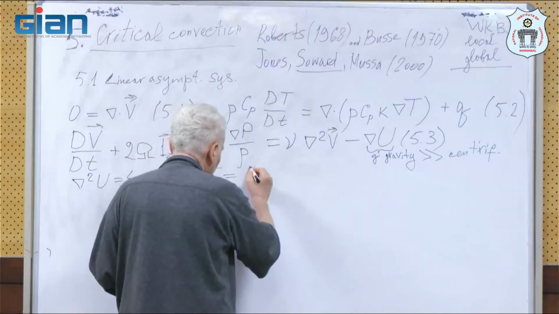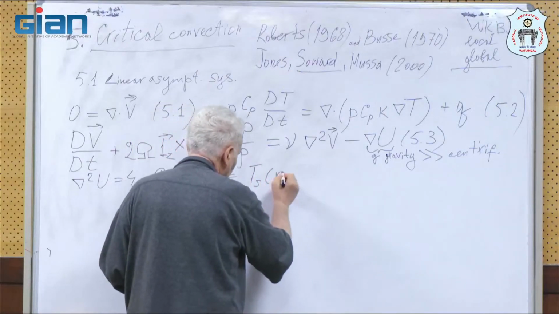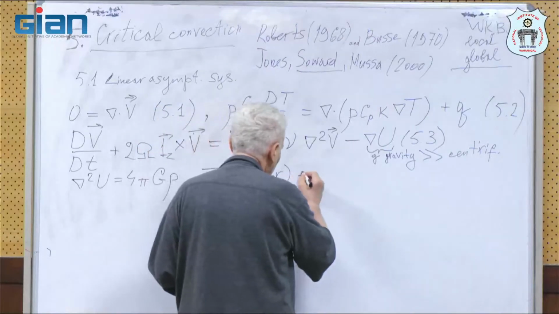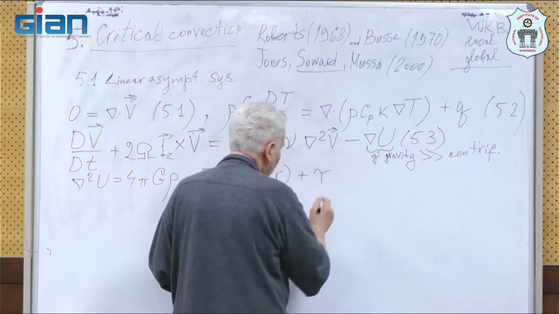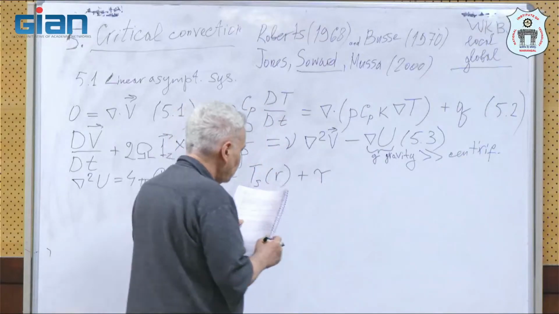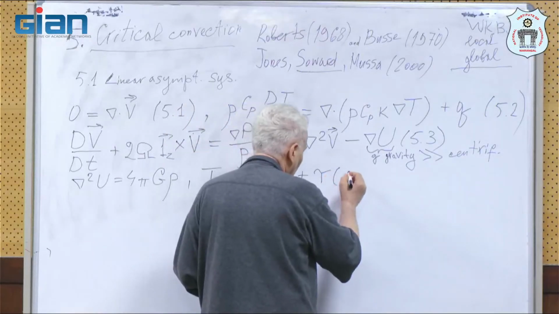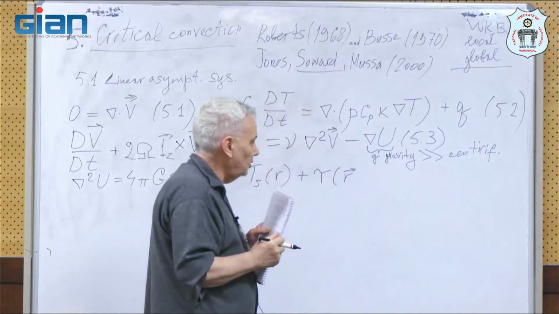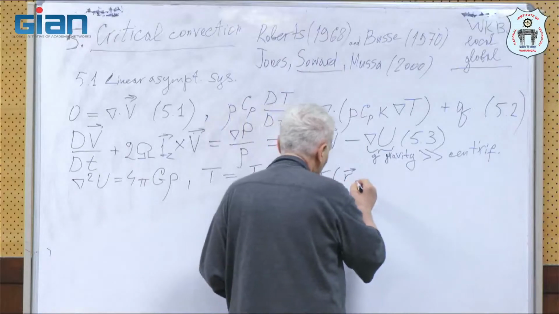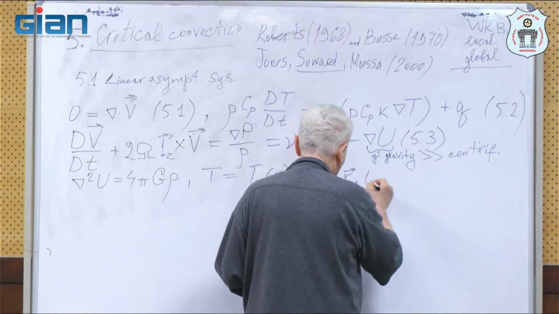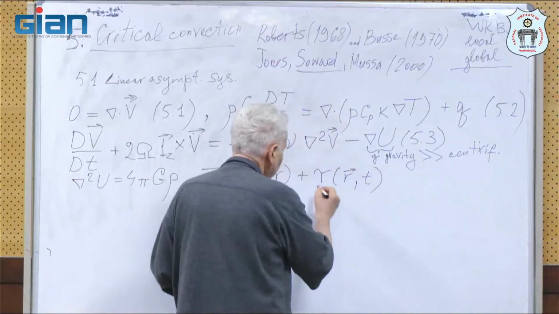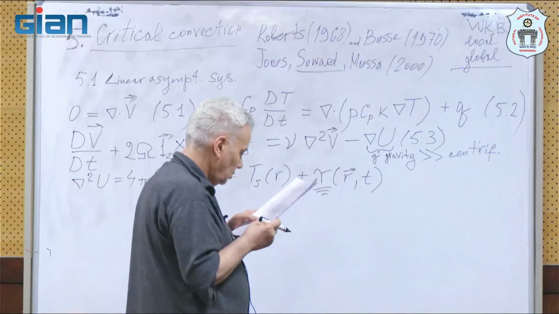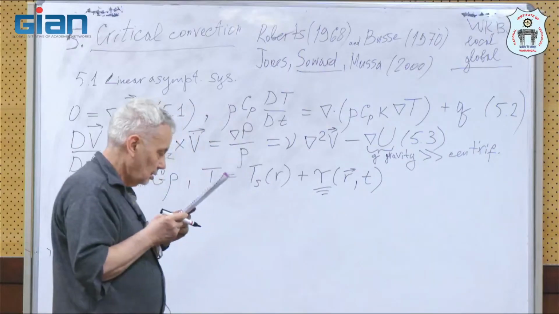There is a steady part which depends only on radius. And there is an unsteady part which we denote here as tau, and it actually depends on all coordinates, let's put all coordinates like the r vector, and of course it depends on time. So it's actually the value we are looking for and examining.